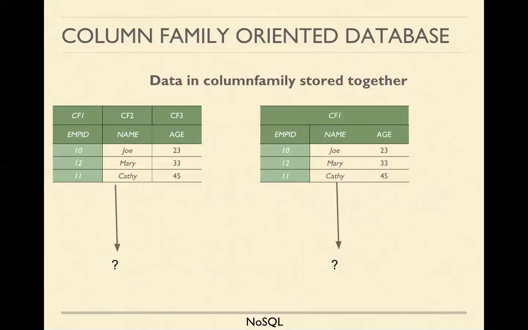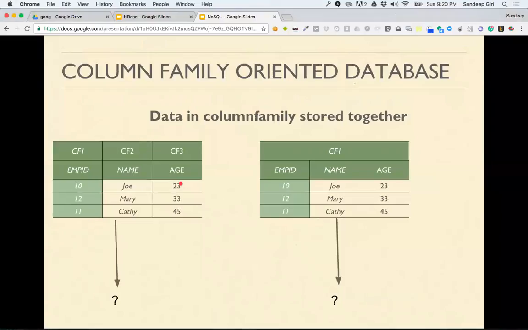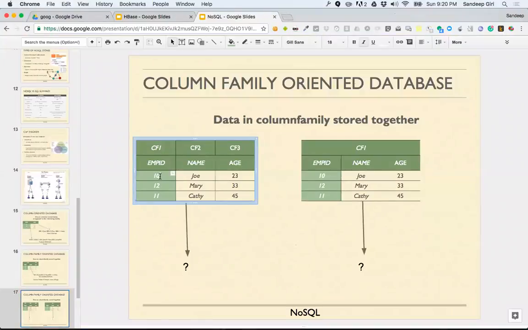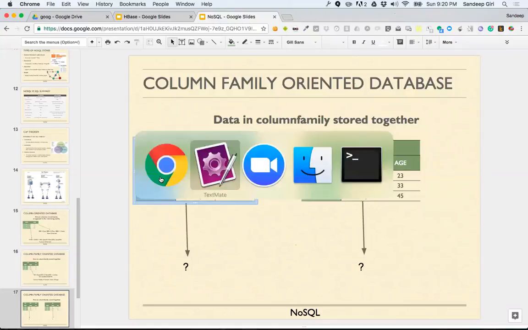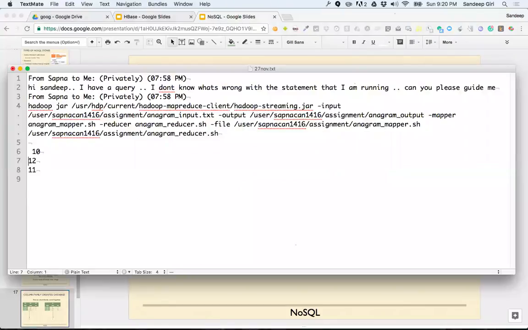Here we are saying that in case of a column family oriented database, column family CF1 will be stored first, and then CF2, then CF3. If I have to do it manually, I'll take these three values, put them in here, maybe like this, and then put a semicolon.